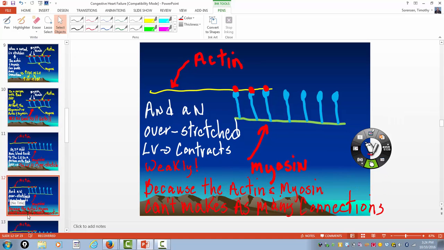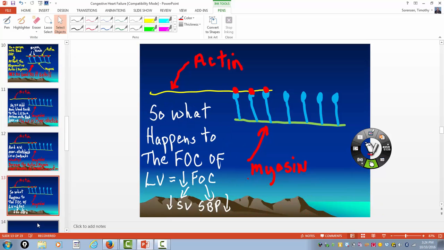And when the alignment of actin and myosin in someone with congestive heart failure is bad, the force of contraction of that left ventricle becomes weaker. So the stroke volume goes down and their systolic blood pressure goes down. Now watch.